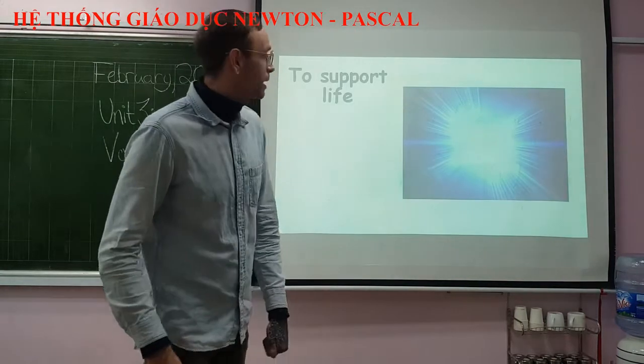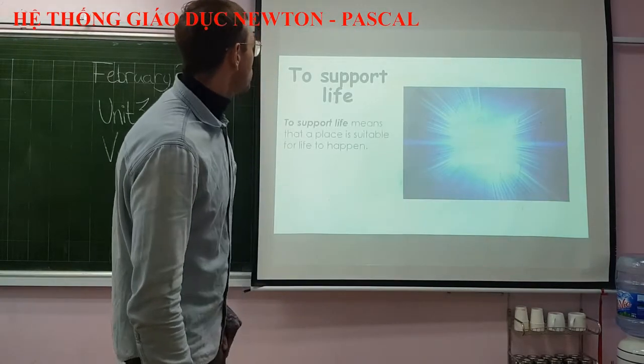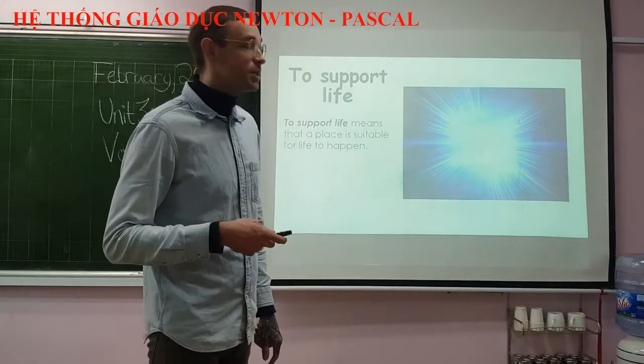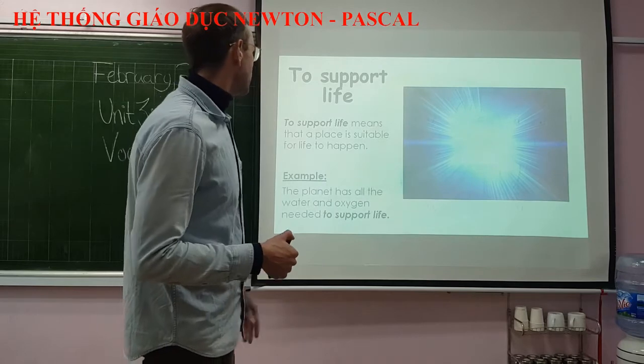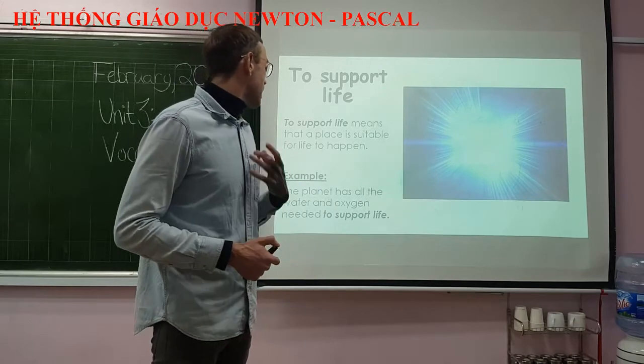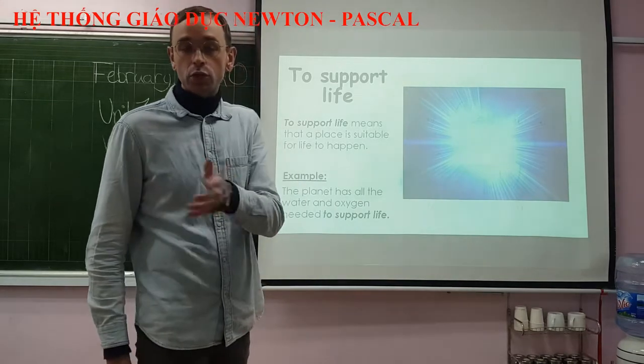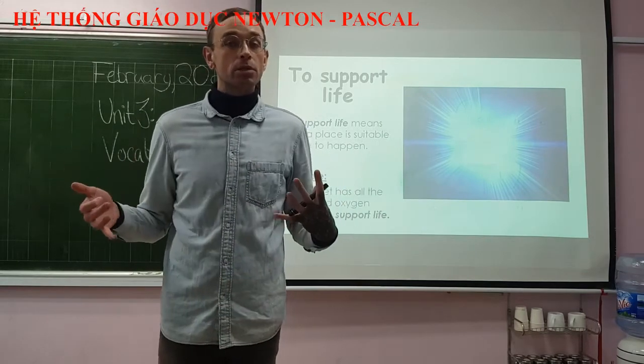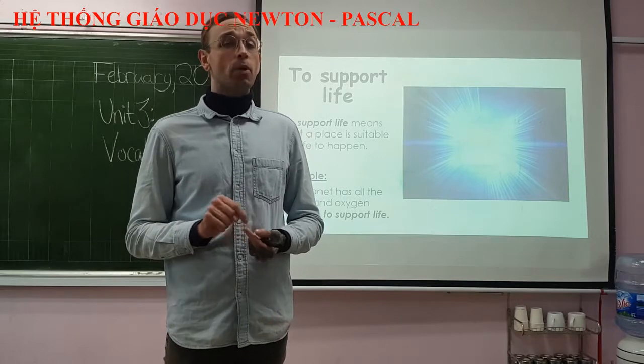To support life. To support life means that a place is suitable for life to happen. So the planet has all of the water and oxygen needed to support life. Many of the planets in our solar system cannot support life.